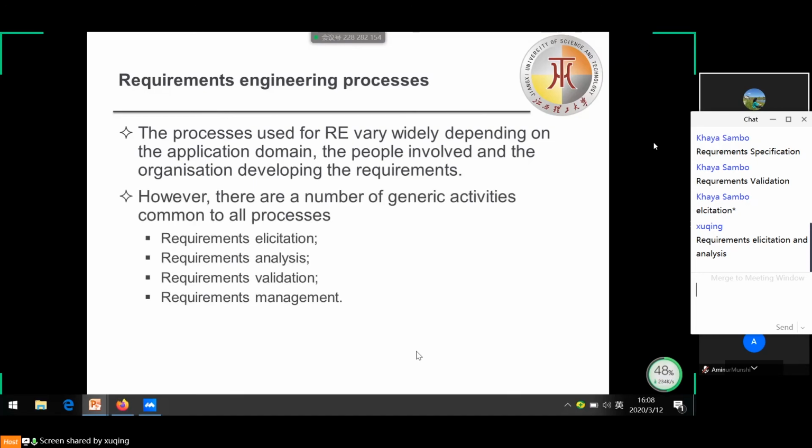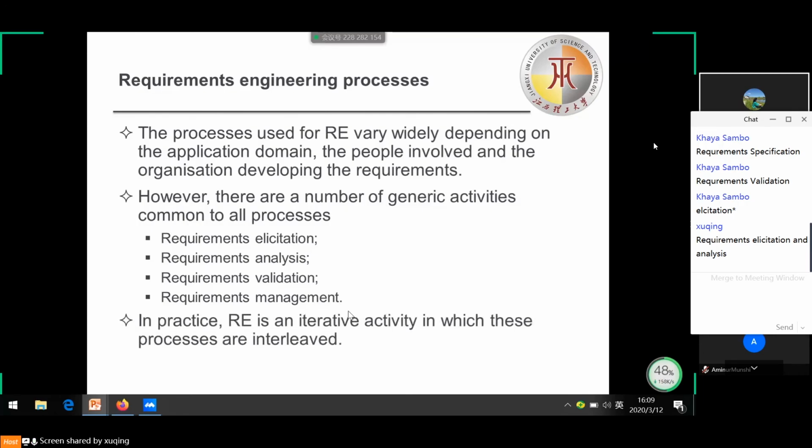However, when we see the spiral view of the requirements engineering process, we see that there are a number of generic activities common to all processes: requirements elicitation, analysis, validation, and management. In fact, when we develop a system, requirements engineering is an iterative activity in which these processes are interleaved.